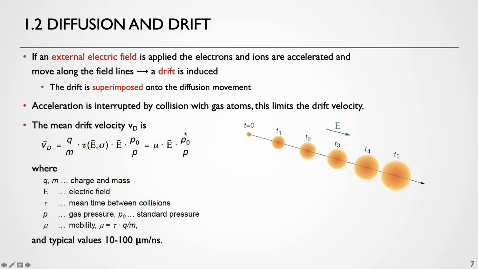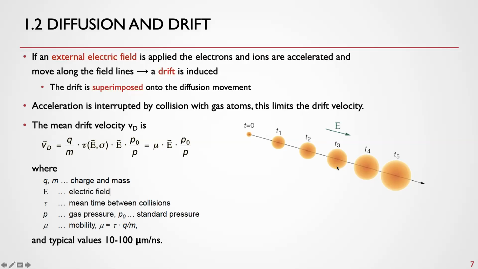So drift velocity and diffusion velocity play together to define the dynamics of the movement of that ionization cloud. So the diffusion makes the initial deposit widen, and the drift velocity moves it along.